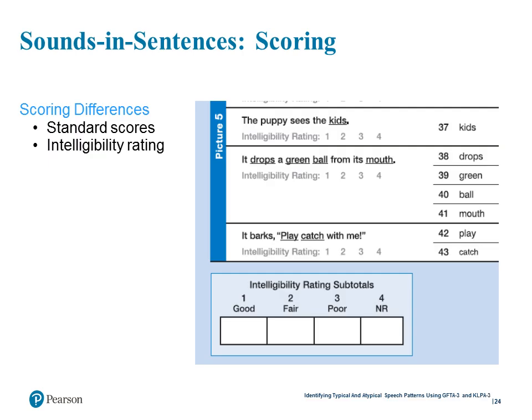Okay. Something that is different this time around in sounds and sentences with the scoring is that not only is it a different task altogether, but we have an added bonus of having an intelligibility rating scoring. What that means is that after the child repeats each sentence, using your clinical judgment, you're going to give that child an intelligibility rating of, yeah, that was good.